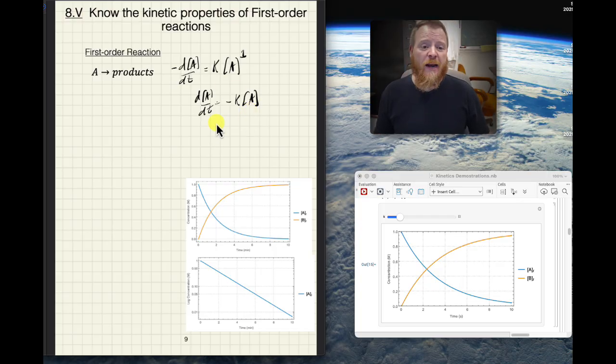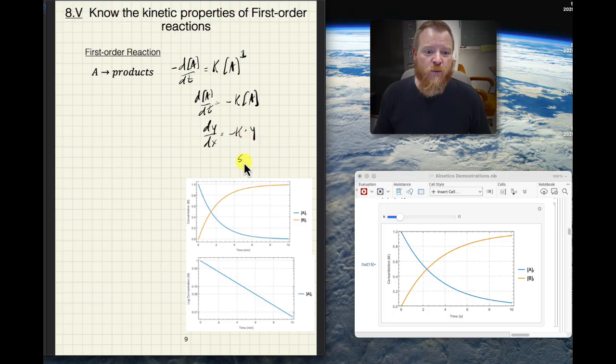What I want to point out here is that this is our first example of a differential equation. The functional form of that differential equation is dy by dx equals negative k times y. So what we want to do is keep the y's with the y's, and in this case the x, which is time, is going to go with the k.